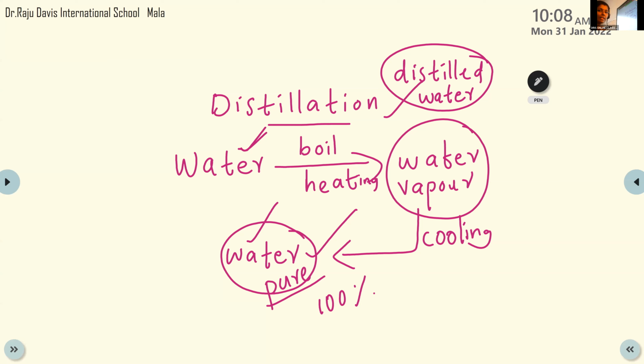Because it doesn't contain any minerals. The presence of minerals only conducts electricity. But when we take this distilled water, there is nothing inside the water. There is no mineral in this distilled water. So this distilled water is an insulator. Clear? Yes, ma'am. Okay.